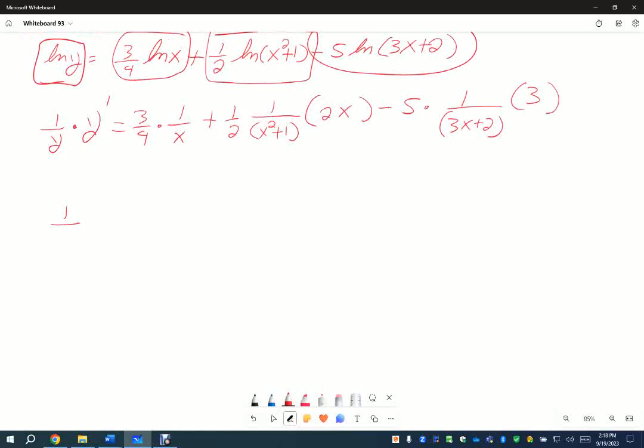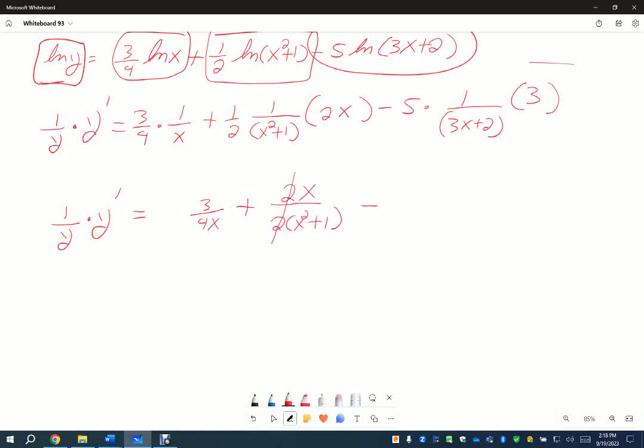So I have 1 over y times y prime equals, let's see, I've got 3 over 4x plus 1 over 2 times x squared plus 1. Sorry, I have that 2x on top. I'm going to write that 2x just right on top, and then I'm going to reduce those 2's out.